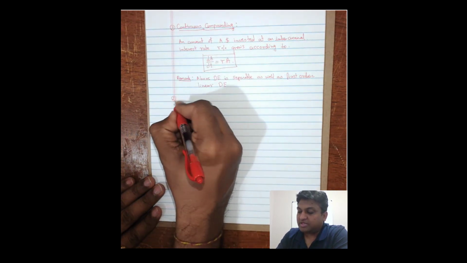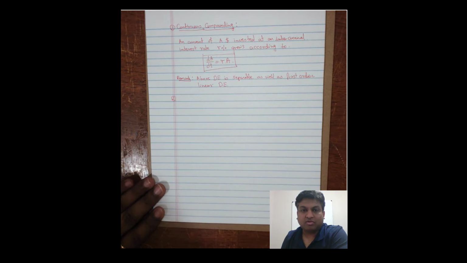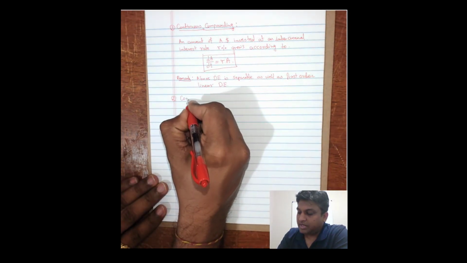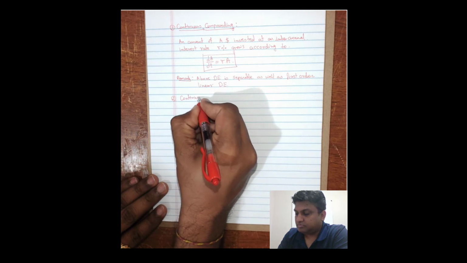Result number 2 is a slightly modified version of continuous compounding. I'm going to call it continuous deposit.